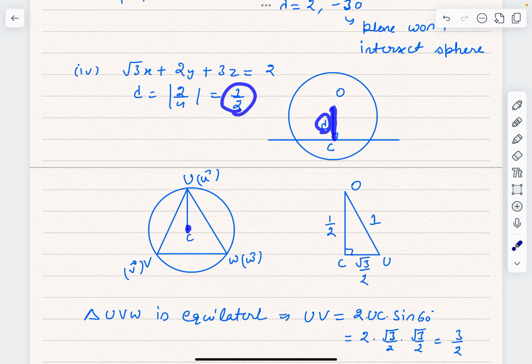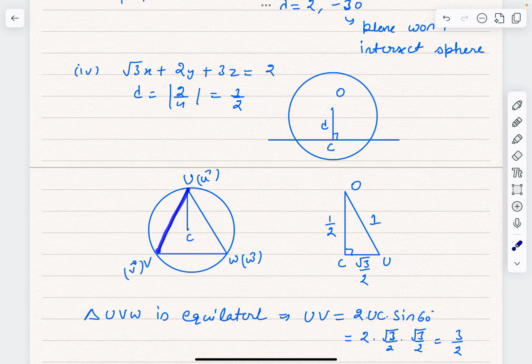Now, if we complete the triangle OCU, this will be a right angle triangle. You know the distance of U from origin is 1. This distance OC is 1 by 2. From here, we can find the distance CU using Pythagoras. It comes out to be square root 3 by 2.